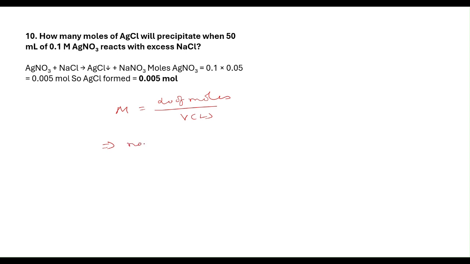So number of moles could be molarity into volume in liter. What is the molarity? 0.1 molar. What is the volume? 0.05. So I'll get 0.005 mole. This is the mole of silver chloride that will be formed when silver nitrate reacts with sodium chloride.